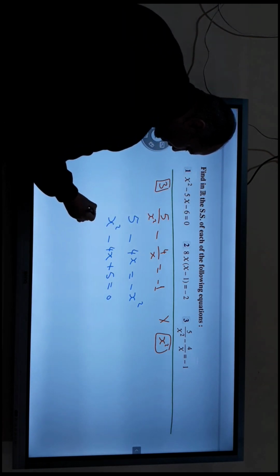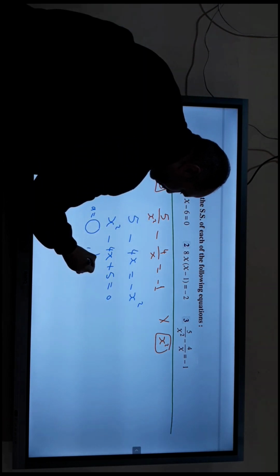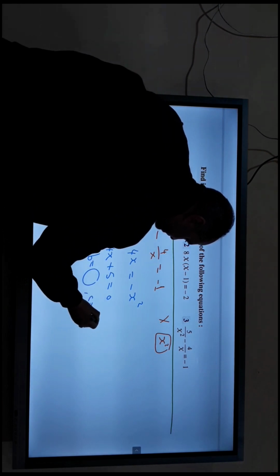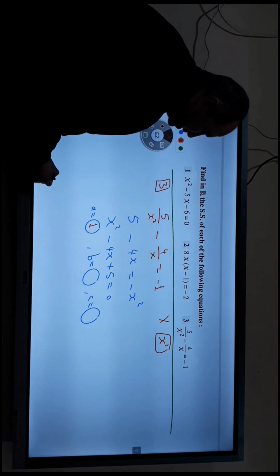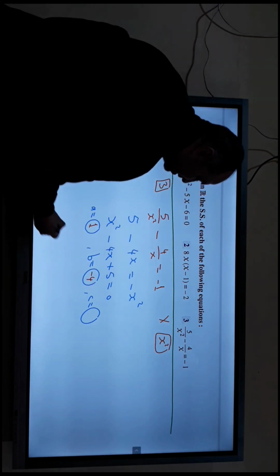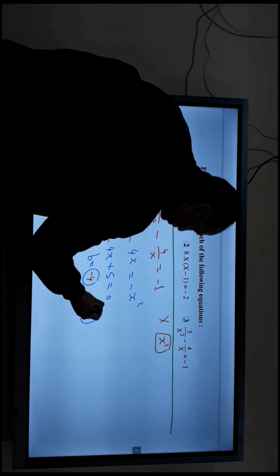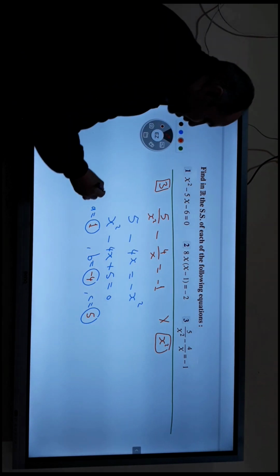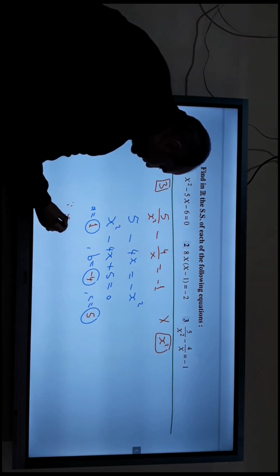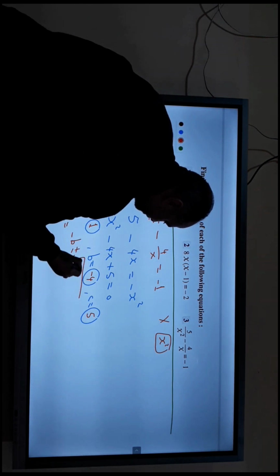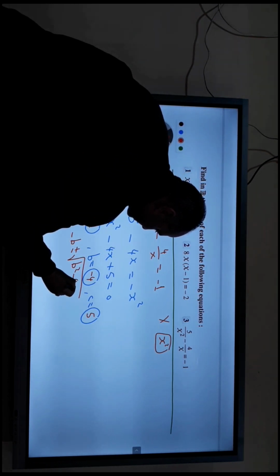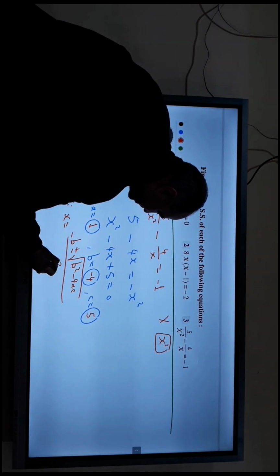We have now a, b, and c. Then a is equal to 1, b is equal to negative 4, and c is equal to 5. So x is equal to negative b, positive or negative, square root of b power 2 minus 4ac over 2a.